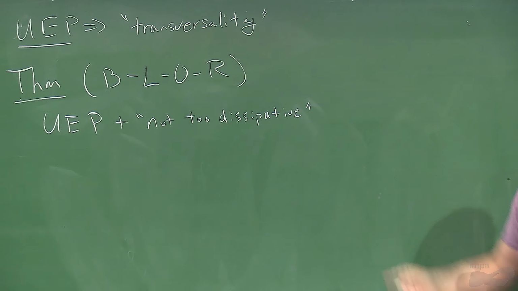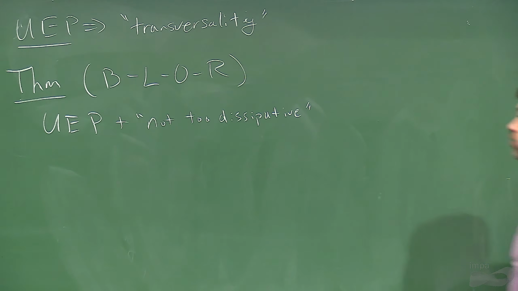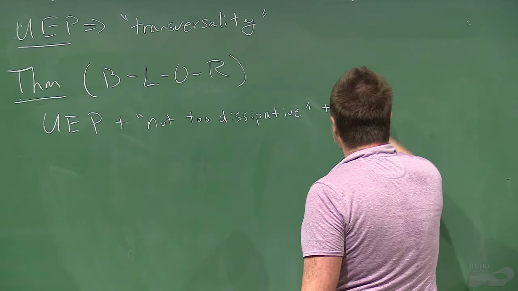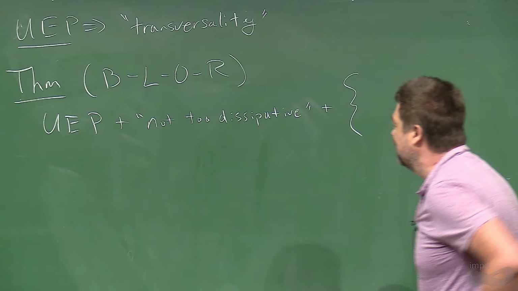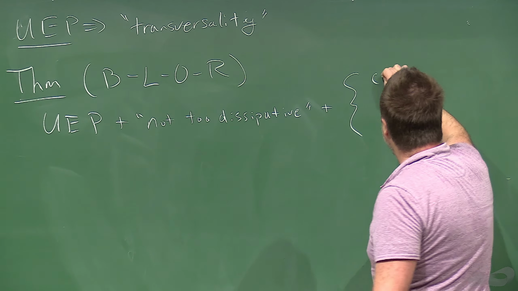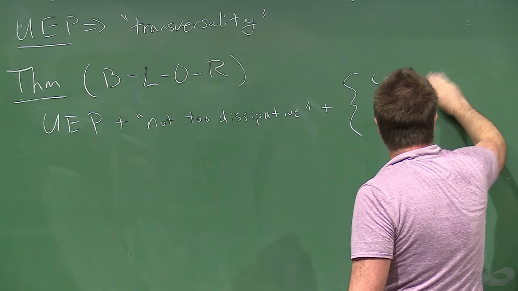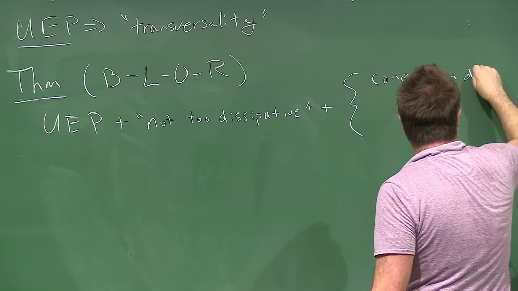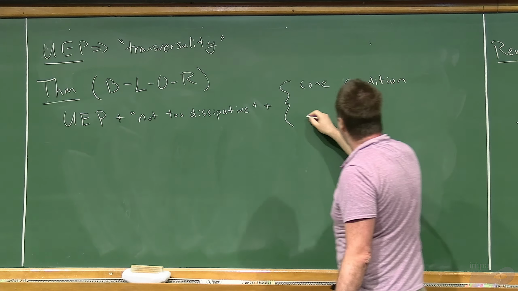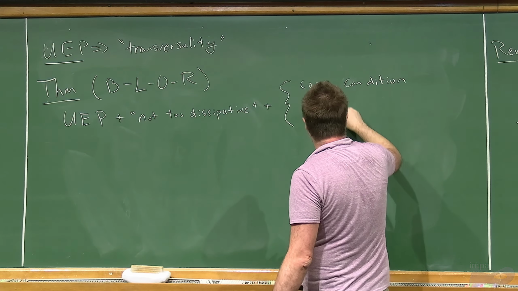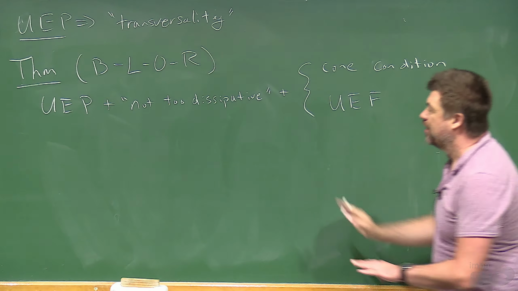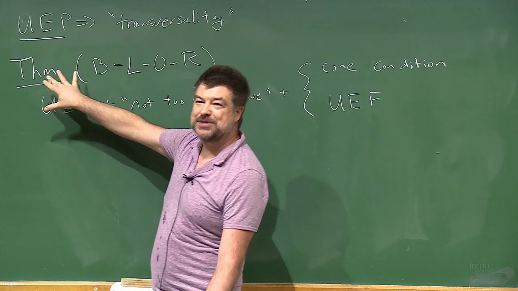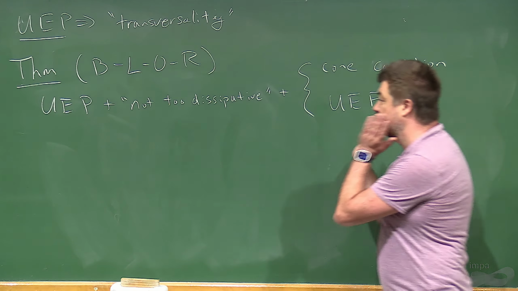We'll see this arising when we try to do part of the proof. Plus, and then, okay, Davi corrected me yesterday, either a cone condition or uniform expansion in the future. But really, I want to emphasize that the uniform expansion in the past is what really goes inside of this proof.